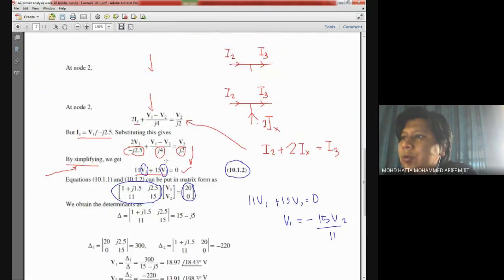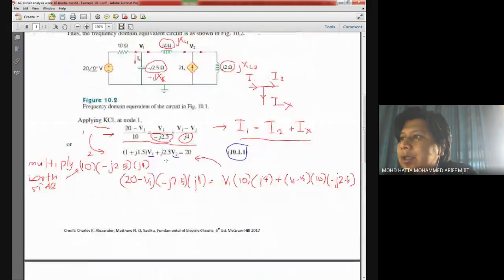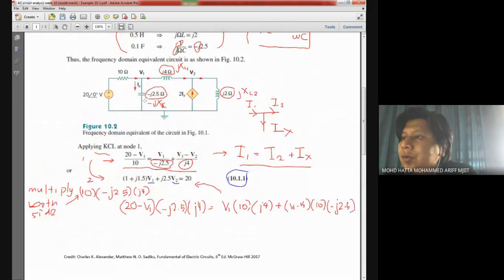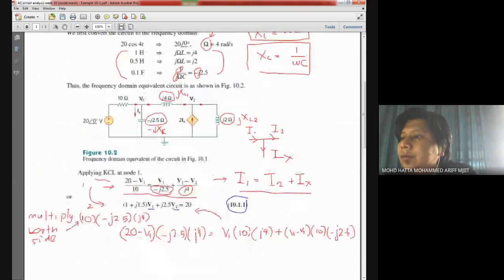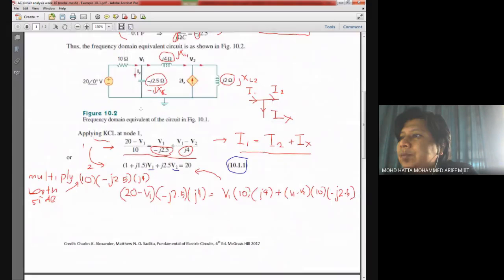All right, we go back to the question where we try to find the current Ix. Ix over here is the current flowing through this capacitor.